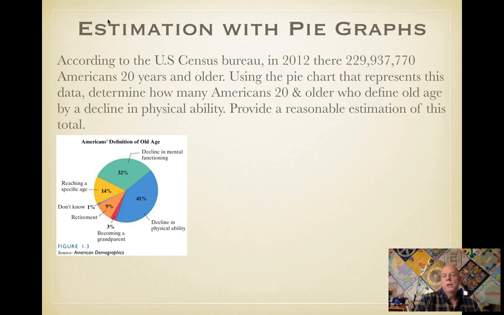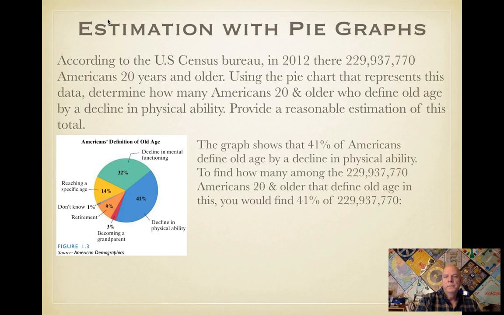Well, if 41% of the whole population said it, we're going to assume that 41% of the 20 and older said that. So we're going to take that 41% of the 229 million. So of in math means multiplication, and so we're going to multiply 41% times the 229 million number that we have up there. Okay? So that last line there, 41% of that, of means multiplication.